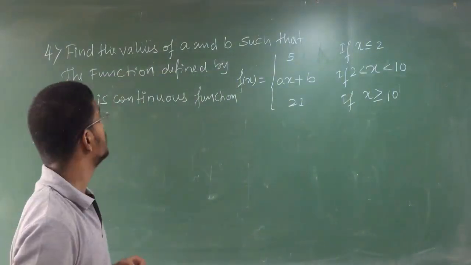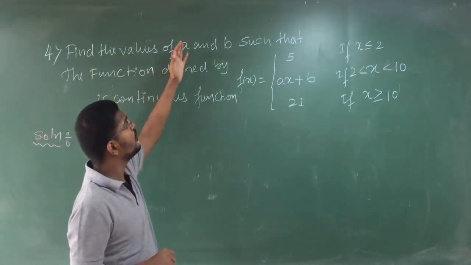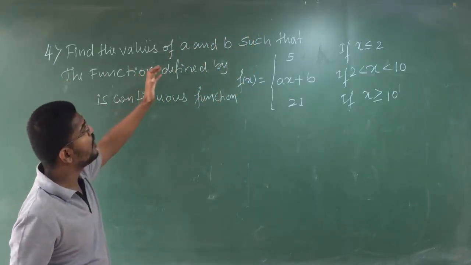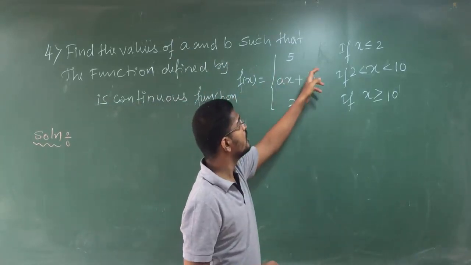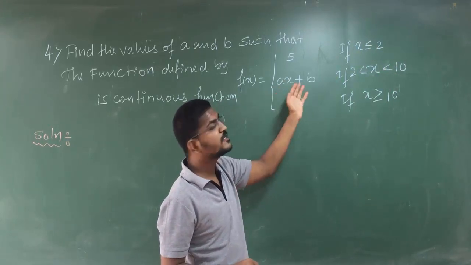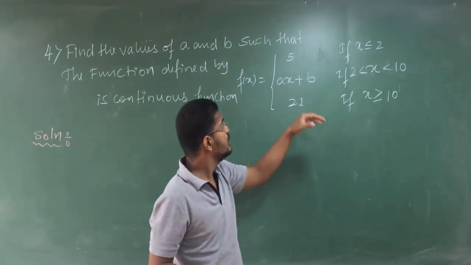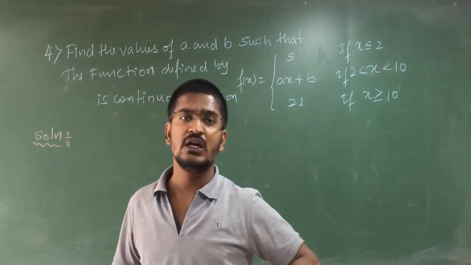So in this particular question, find the values of a and b such that the function defined by f of x equal to 5 if x is less than or equal to 2, ax plus b if x is in between 2 and 10, 21 if x is greater than or equal to 10.